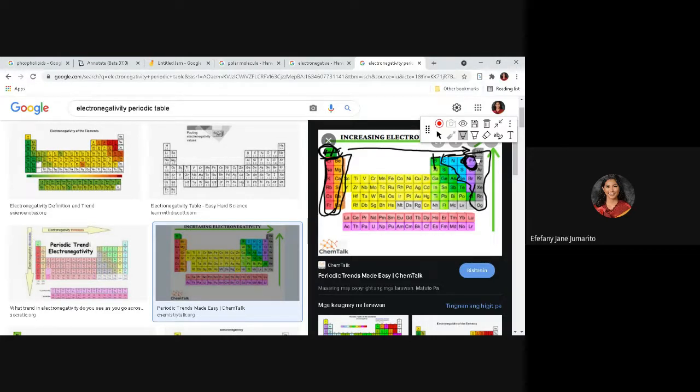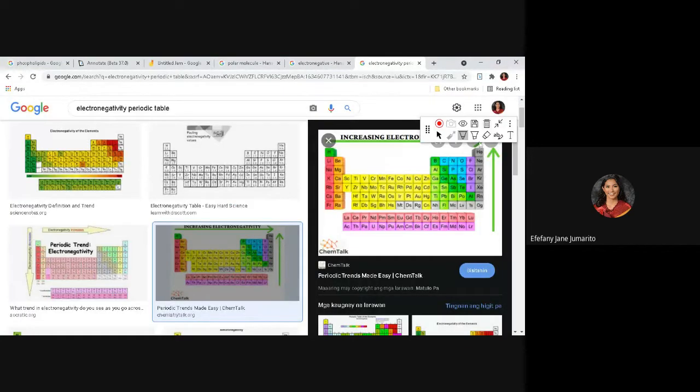Then, if we have a fluorine bonded to an H, is that polar or non-polar? Polar, ma'am. Polar because fluorine has high electronegativity. Okay, that's polar.